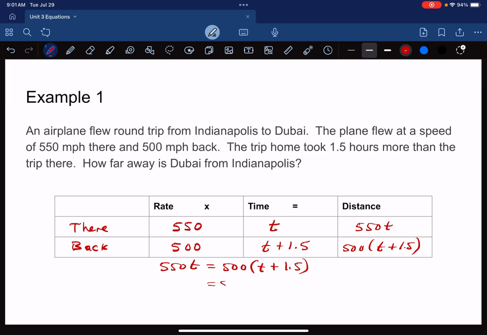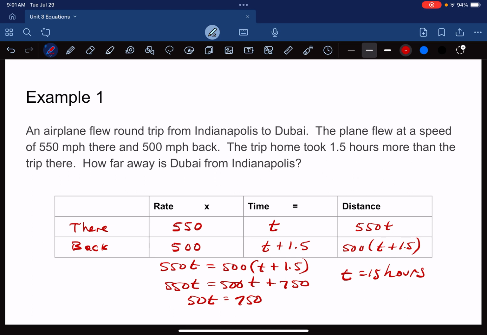And I'm going to distribute. I'll subtract 500t from 550t. That's going to give me 50t equals 750. And then I'll divide 750 by 50, and then t equals 15 hours.